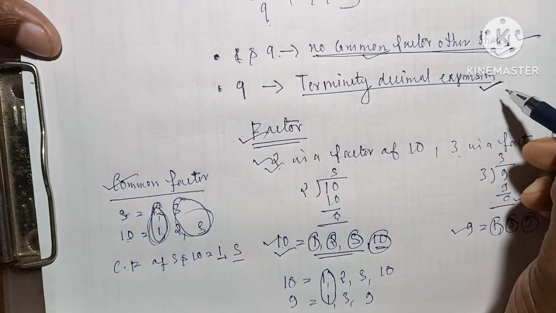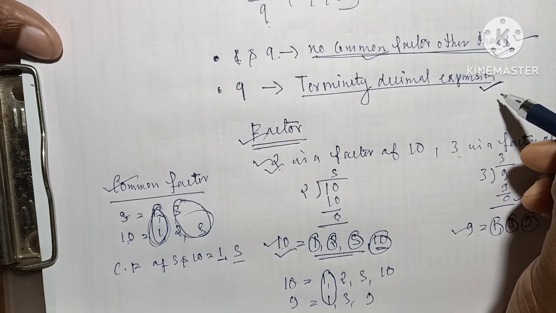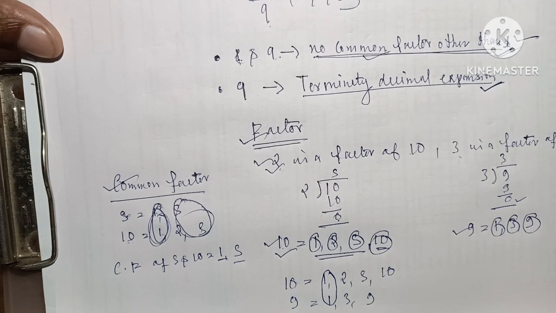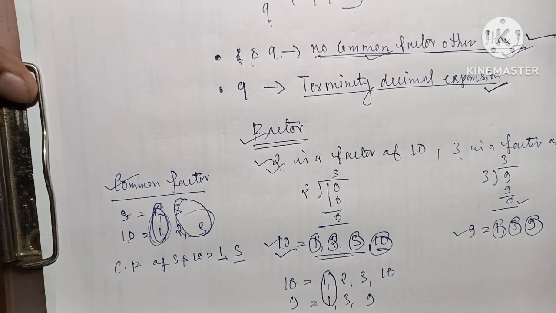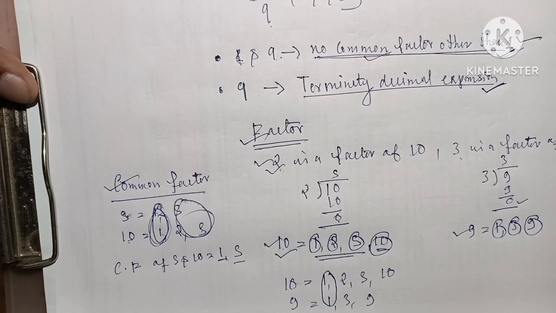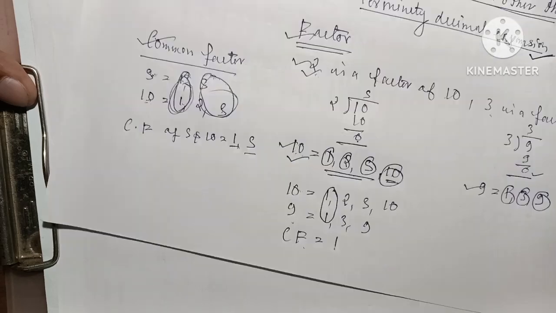On dividing, the decimal expansion should be terminating. This is the question. Now let's write a few rational numbers and fractions where the decimal expansion is terminating and both points are fulfilled. Let's go through it.